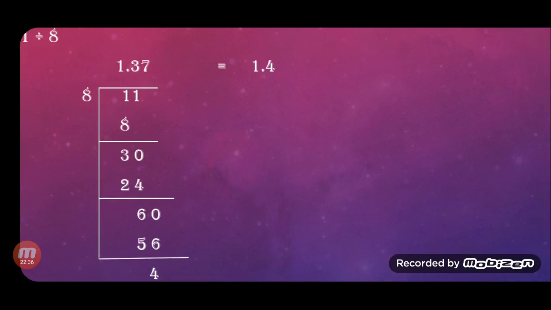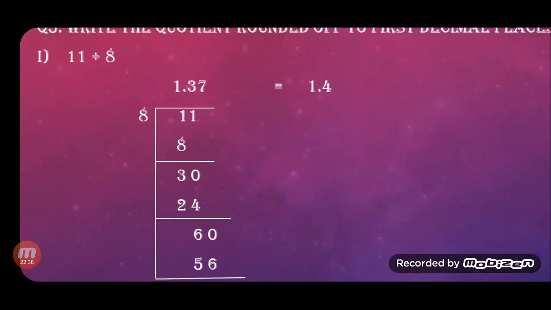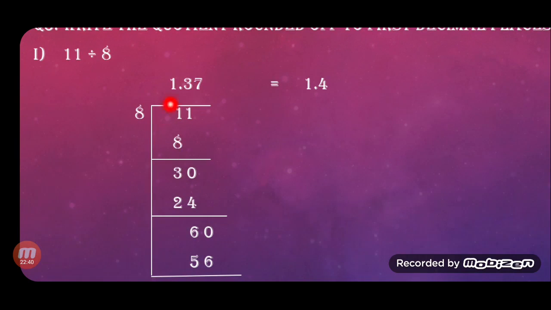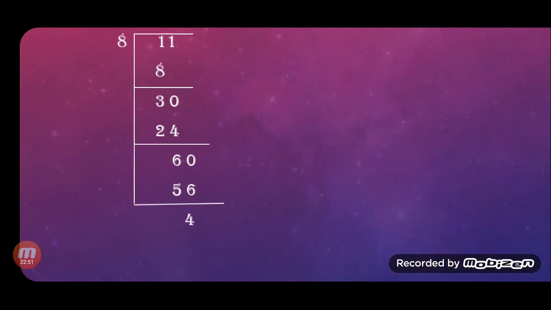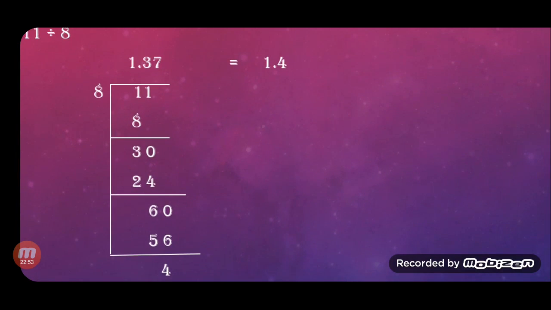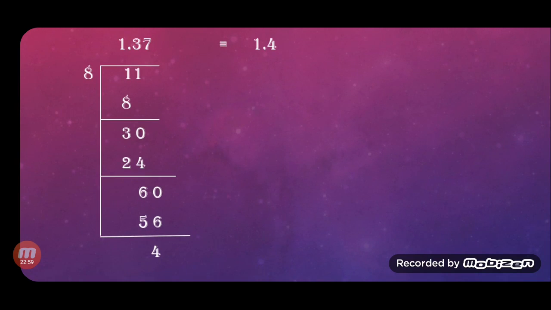So here 11 divide by 8, right? 8 1 ja 8. 11 minus 8 3.0. 8 3 ja 24. 10 minus 4 6. You can add so many 0. Then again 60. 8 7 ja 56. 10 minus 6 4. You can find more, but no need to find it because we have to find only rounded off to the first decimal place.